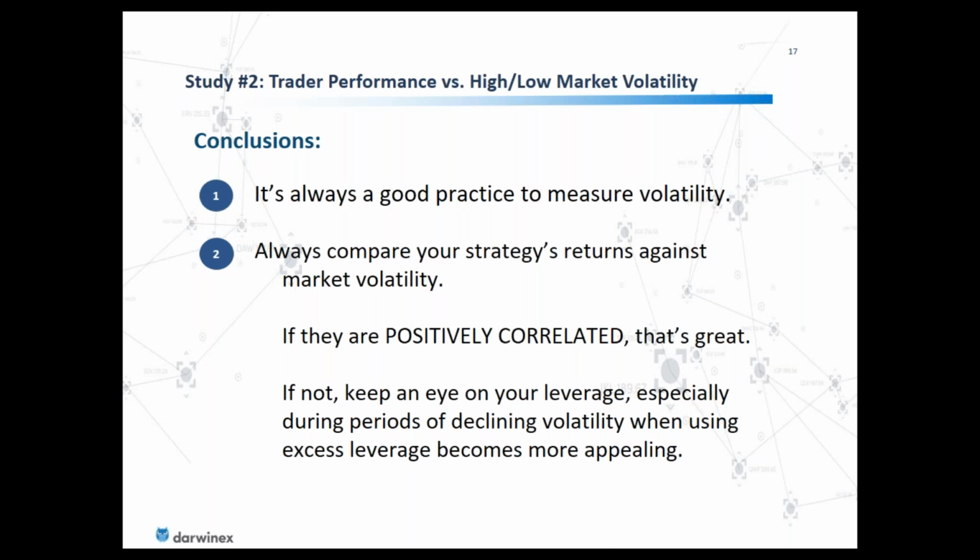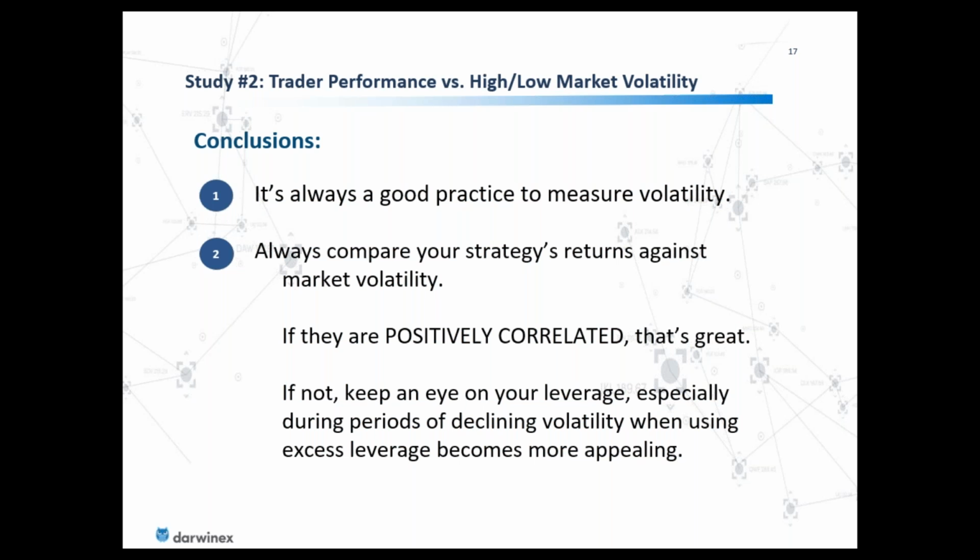However, if you are not positively correlated with market volatility, you need to keep an eye on your use of leverage, especially during periods of low volatility, because low volatility naturally invites traders to use more leverage because seemingly small movements make the use of leverage more appealing. So small movements, leveraged trading allows for using larger amounts to leverage smaller movements.